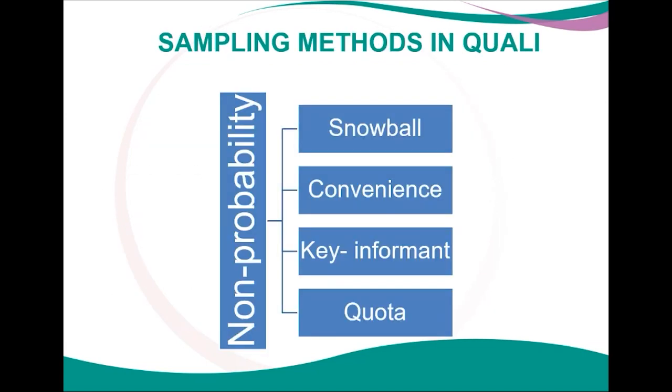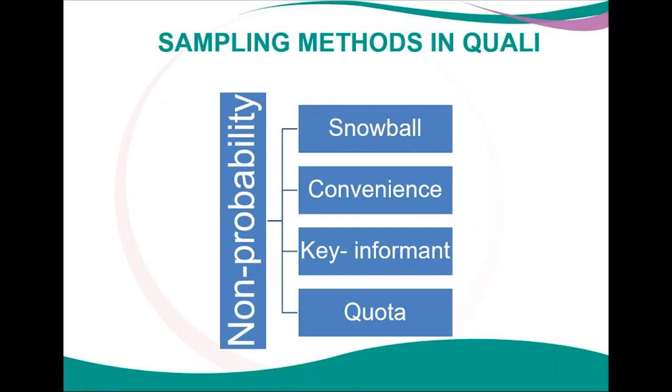Sampling methods in qualitative research. We've got the snowball. Snowball is basically about referrals. If you want to study drug use among the youth in a particular town, chances are you might not know them in your town.